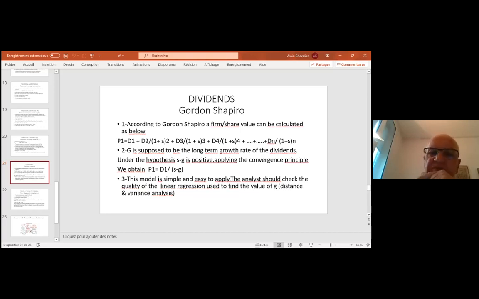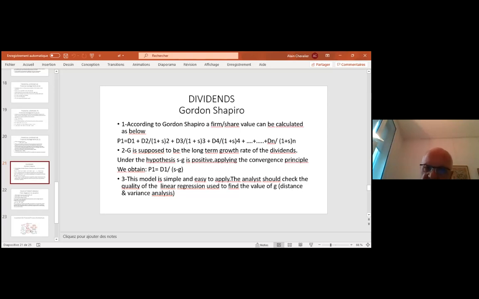The convergence principle shows that we can obtain and use a formula which is that P1, what we are looking for right now, is equal to D1 divided by S minus G. It means the price of a share is equal to the closest dividend paid, or to be paid, divided by the cost of equity minus the long-term growth rate of the dividend. That's what we have.